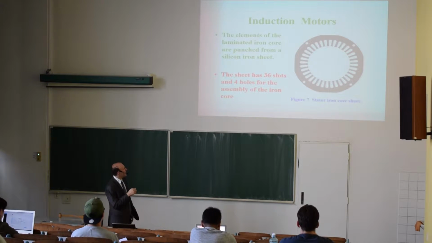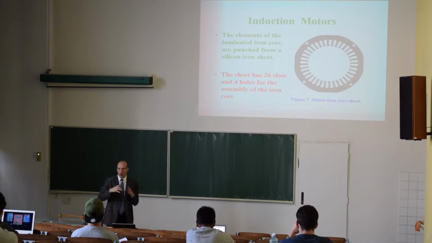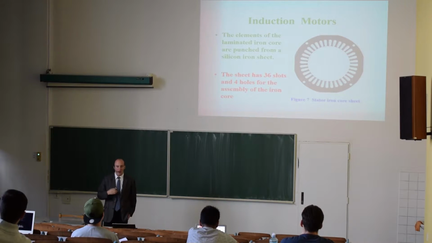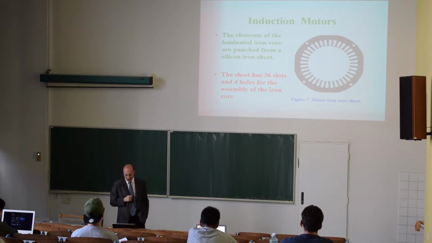Typically this is assembled in a stack, and this is where you put some kind of screws that will hold everything together, and then it's either mechanically assembled or today the sheets are welded together on the edge somewhere around here to hold it tight.